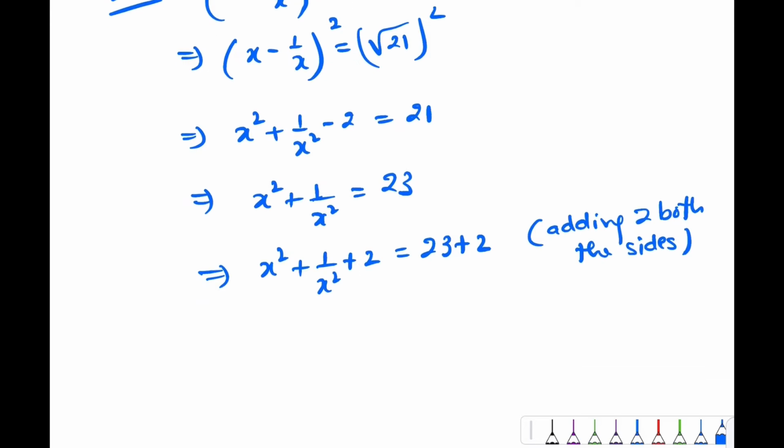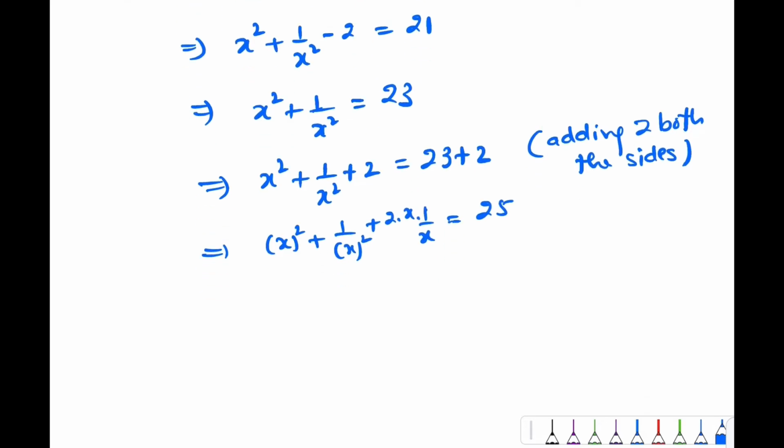So we have, this implies this is x whole square plus 1 upon x whole square plus 2 into x into 1 by x, and this is equal to 25. So this implies x plus 1 by x whole square, and this is equal to 5 whole square.